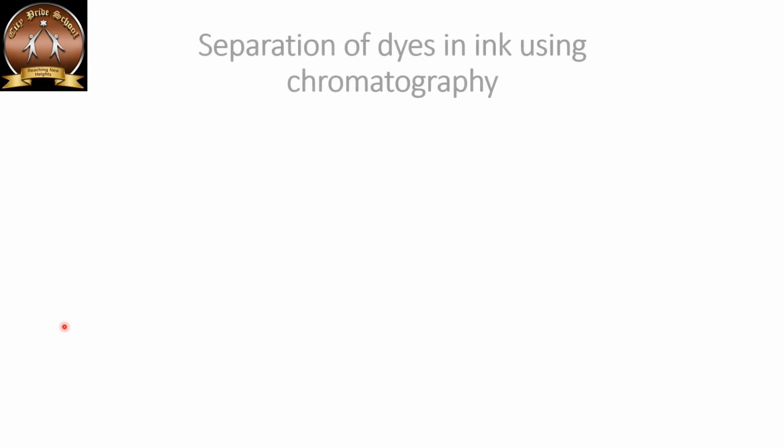So we are going to separate out the components of the ink into different respective parts using the chromatographic technique. We have seen that chromatography uses the principle of difference in the solubility of the solid in the given solvent.